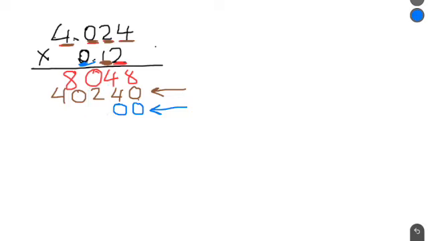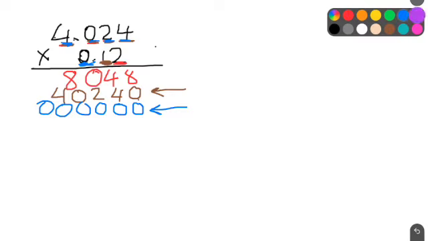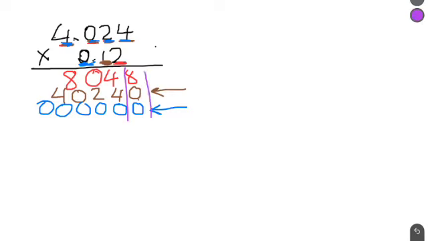So 0 times 4 is 0. 0 times 2 is equal to 0. 0 times 0 is equal to 0. 0 times 4 equal to 0. So at the end of it, you notice that all the numbers would line up. It's important that you keep the numbers lined up.